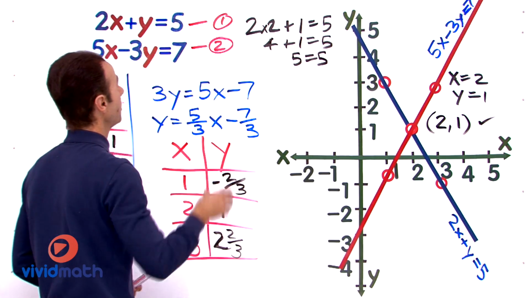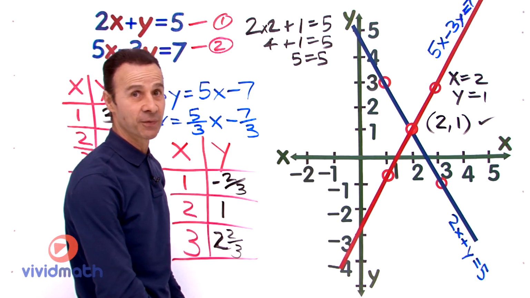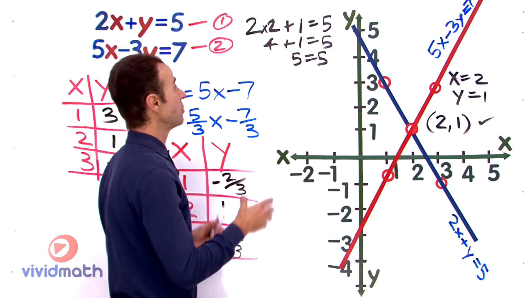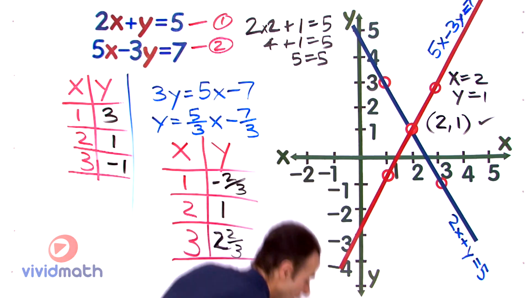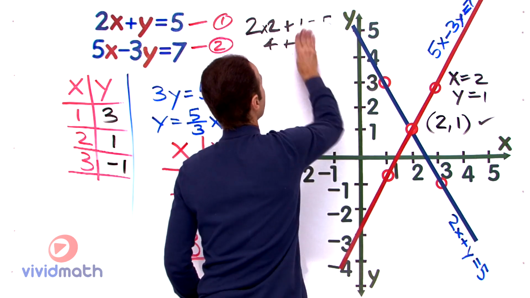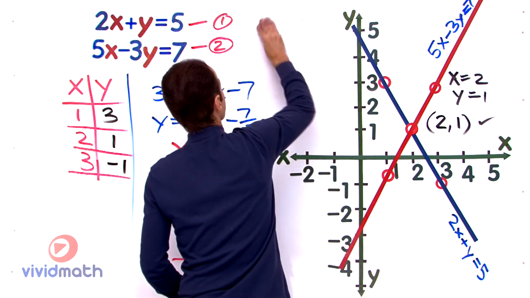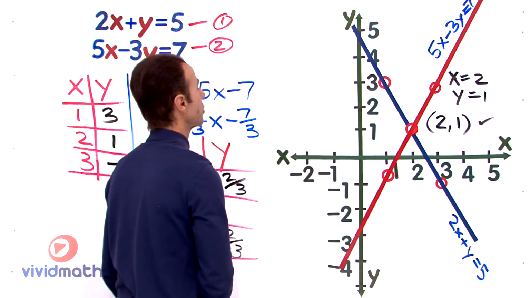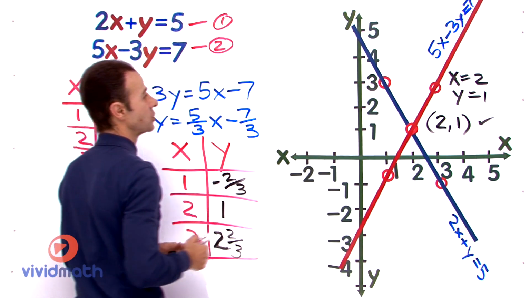You know what? Actually, I'm going to substitute in the second one too to double confirm. That's going to give us even more accuracy. So that point is validated. Let's try it again with the second one. Let's substitute 2, 1.